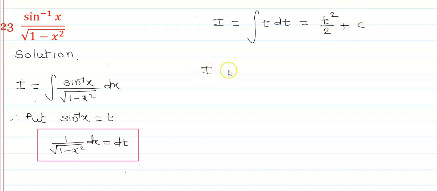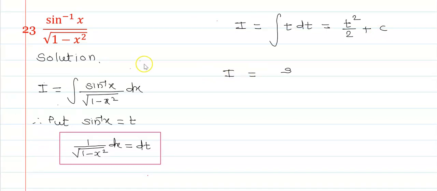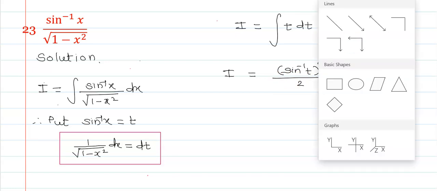Hence I is equal to, what is the t? Now substitute the value of t, it is sin inverse of x bracket square upon 2 plus c. Okay, and this is the answer.